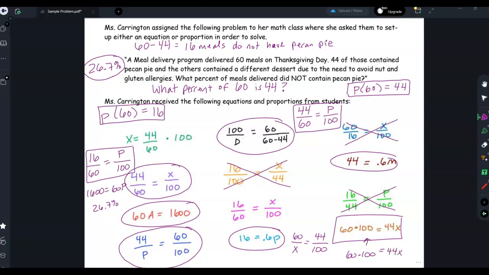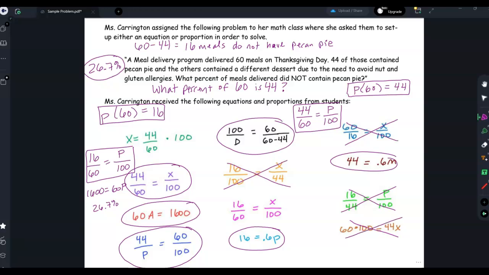So it's almost as if they started with this proportion and went here. Is this proportion correct? It's not. So this does not match the proportions that we have. We ruled it out already, but this is further evidence that that one is not set up correctly because that proportion is not correct.